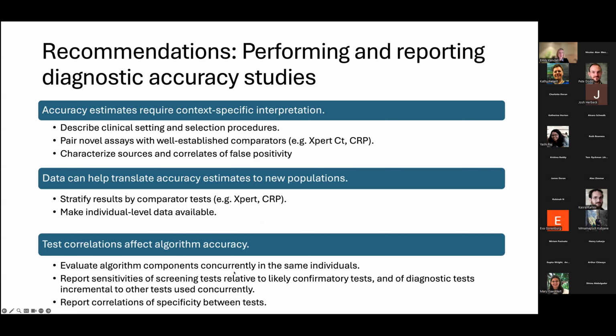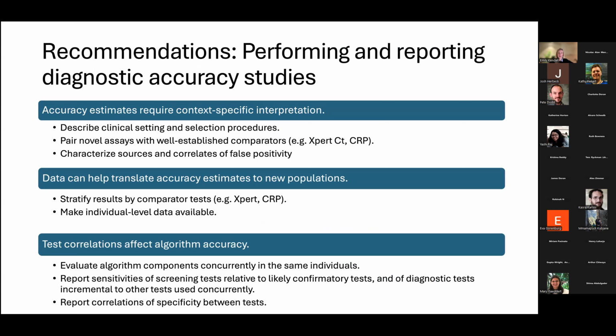So to quickly go through some recommendations and then open this up for discussion. In terms of how we perform and report diagnostic accuracy studies, because applying accuracy estimates requires context-specific interpretation, it's important for people generating the data to describe the setting and how the population is selected.